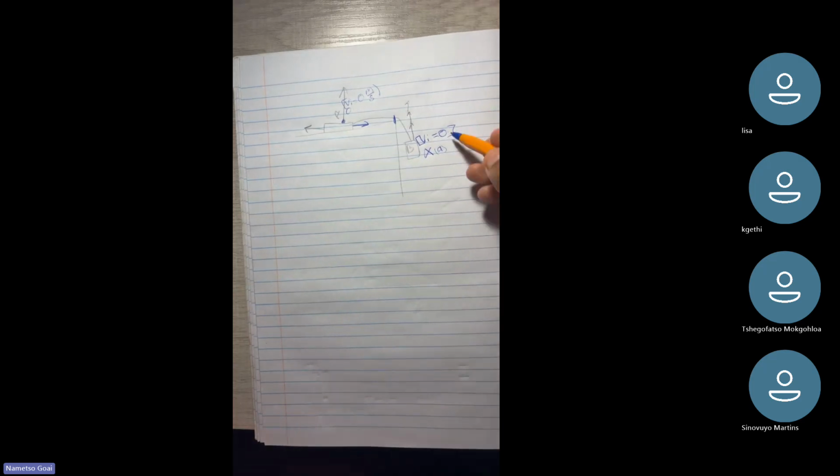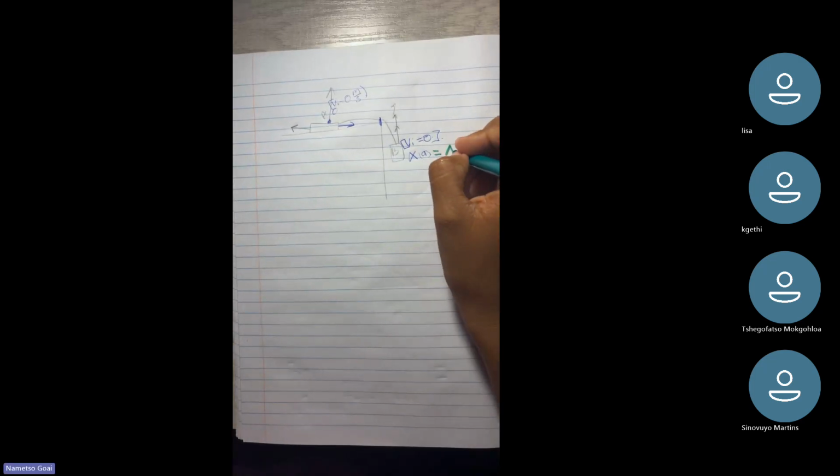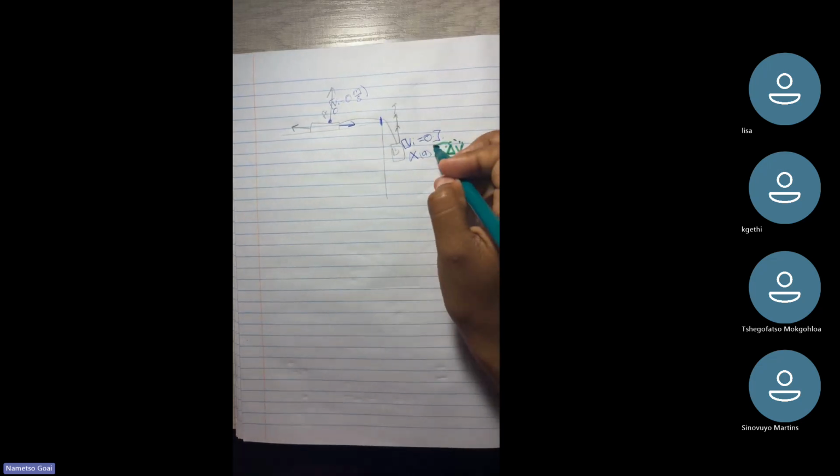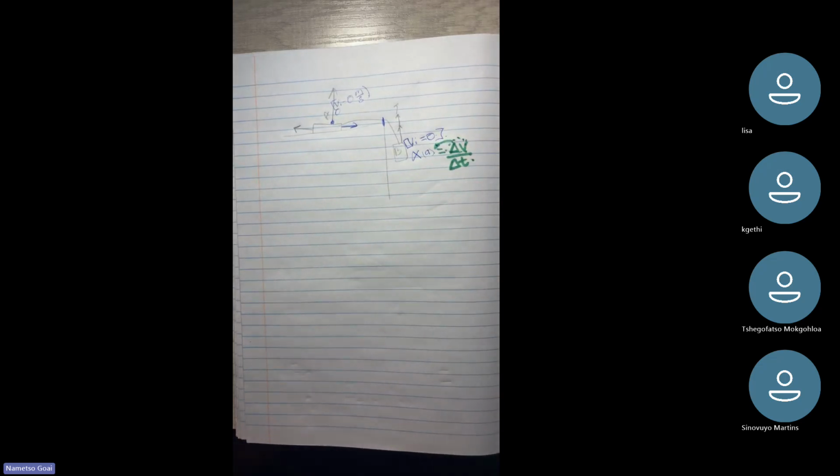Remember, what is acceleration? Acceleration is literally just the change in v over the change in time. So if we don't have velocity, we won't even have acceleration, right? Do you guys understand me?